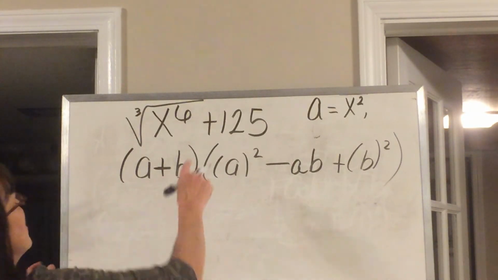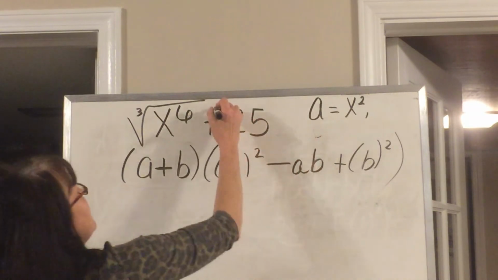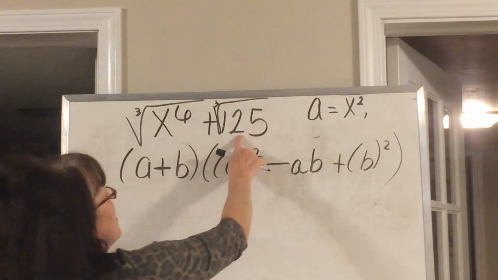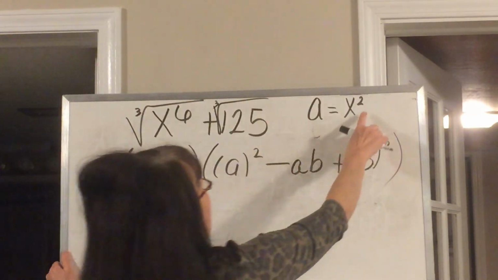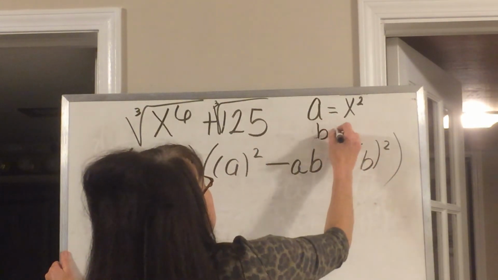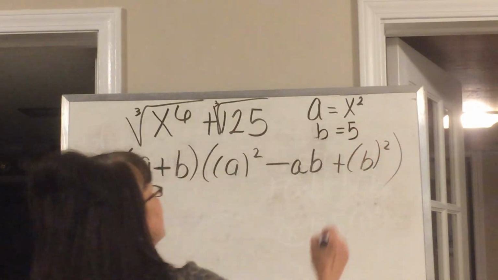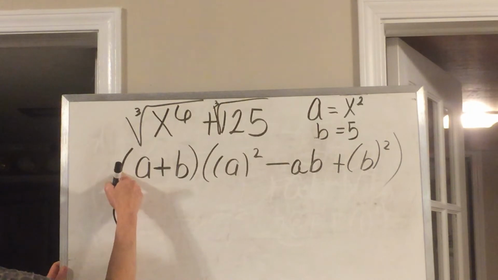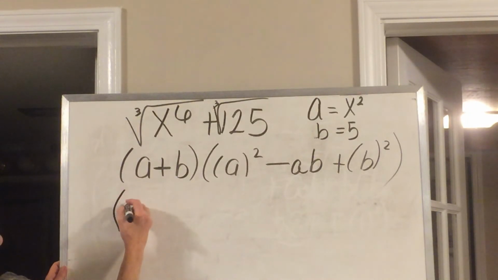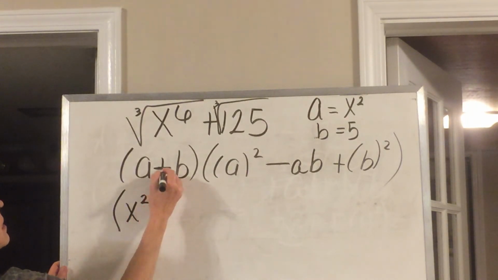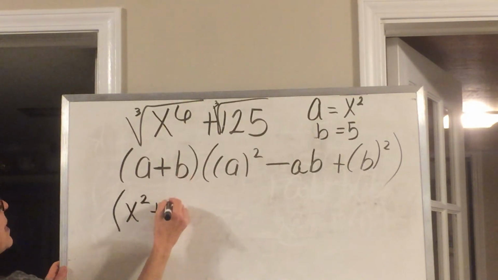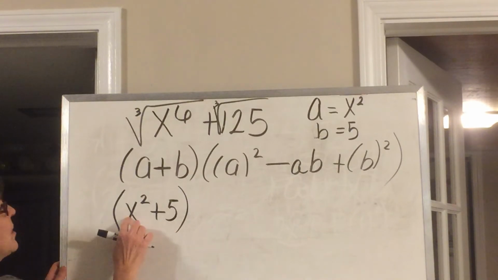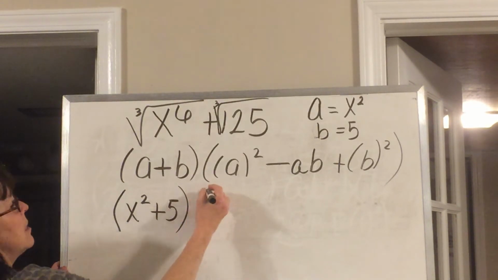Okay, what about B? Well, B is the cube root of whatever comes second. Well, what's the cube root of 125? B is 5. Now plug that in. Open parentheses. A is x squared plus B is 5. You can't simplify that. X's don't add with 5s.